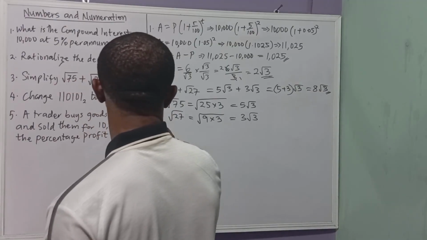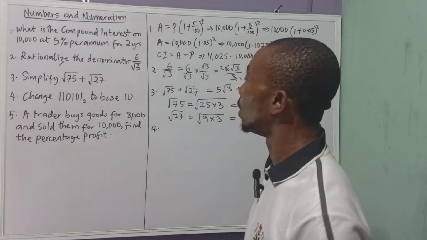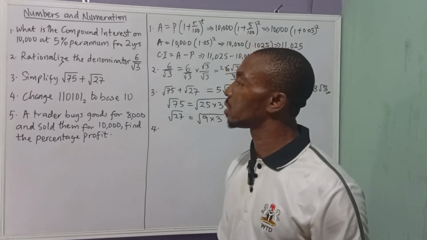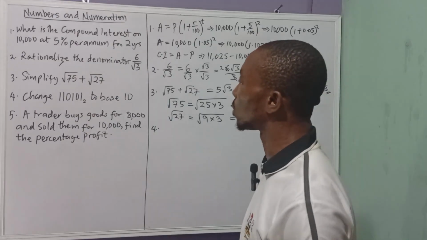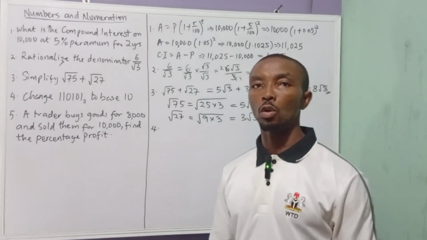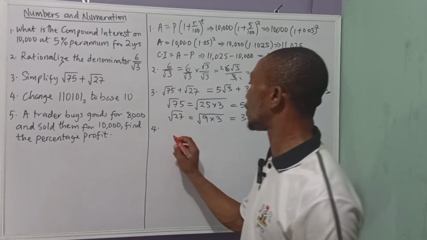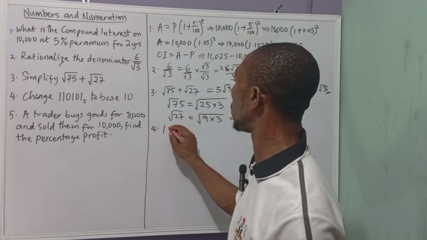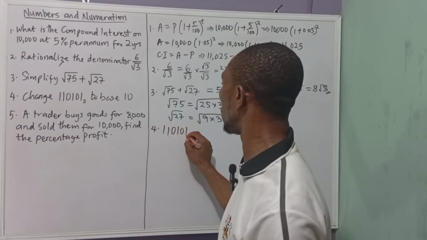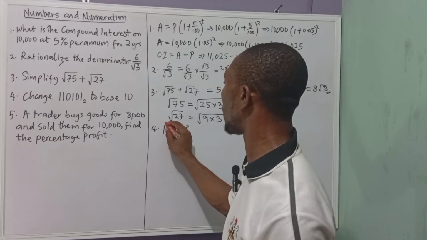Now, number 4, talking about number base. Alright, it says change 110101 base 2 to base 10. And then converting to base 10, we use our expansion method. Alright, so having our expansion method, we have 110101 base 2, with positions 0, 1, 2, 3, 4, 5.